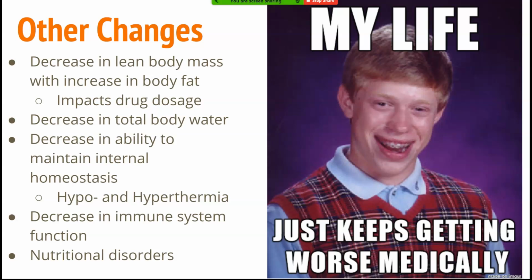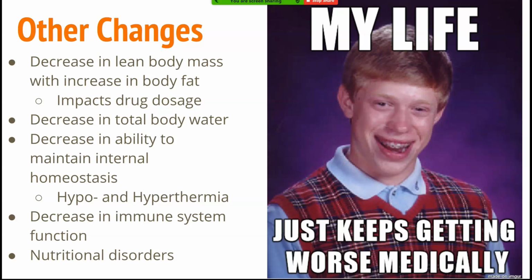Temperature control is extremely difficult. Because now, instead of having an underdeveloped hypothalamus, your hypothalamus is just tired. You actually will see that older people do not sweat much, because as you get older, your sweat glands actually shut down.